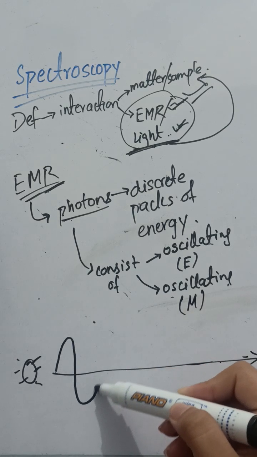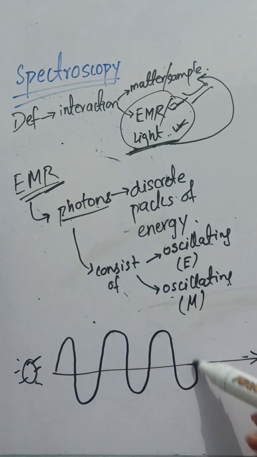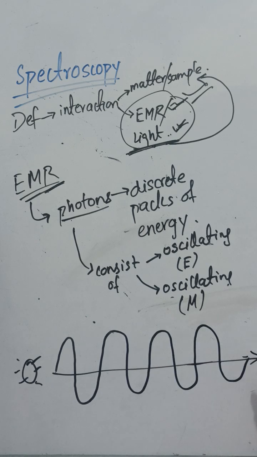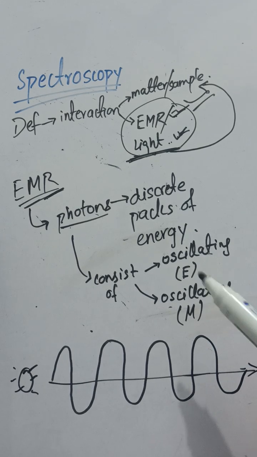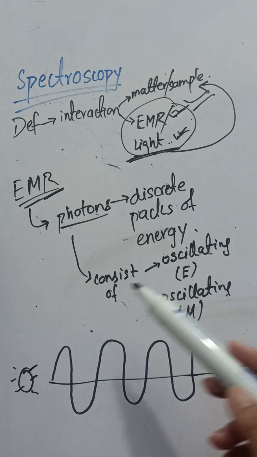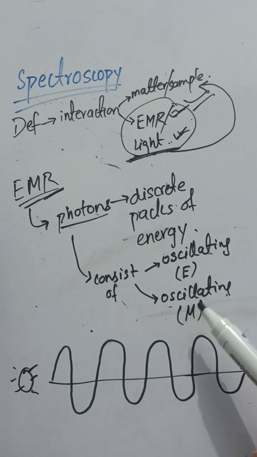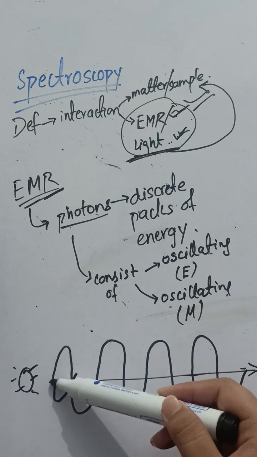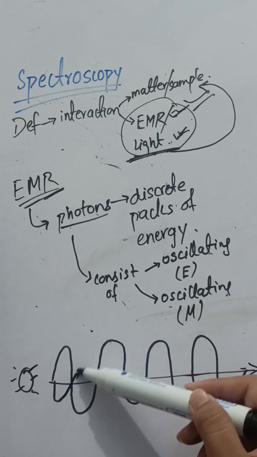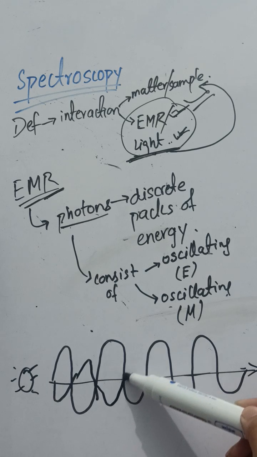This is the oscillating electric wave that is traveling in that way, moving toward the sample. Now it does not consist of only one. Our photon consists of a magnetic field also, along with the electric field. Now your magnetic field would travel like that. It is like that, and it is like this. Now you can clearly observe it.